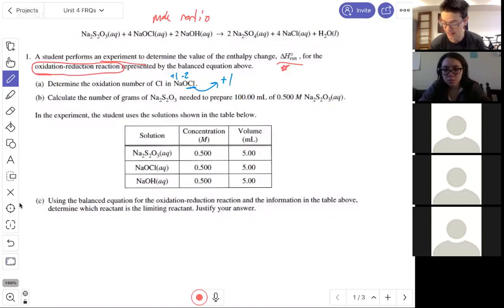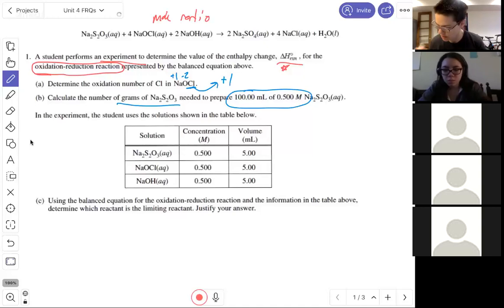So the second part says calculate the number of grams of this needed to prepare 100 milliliters of this. So on your mole map, where are you starting? You're ending at grams, right?